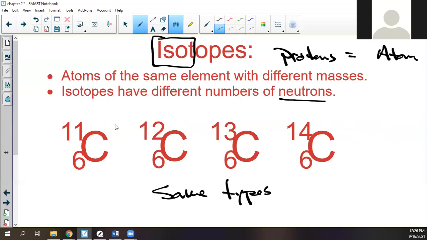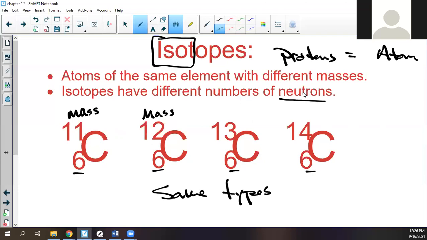If you look at this example, all of these are carbon. They are all carbon because there's a C, but really they're all carbon because this is a 6. And if that ever changes, it's not carbon anymore. This top number is the mass number. So this carbon has a mass of 11. This carbon has a mass of 12.